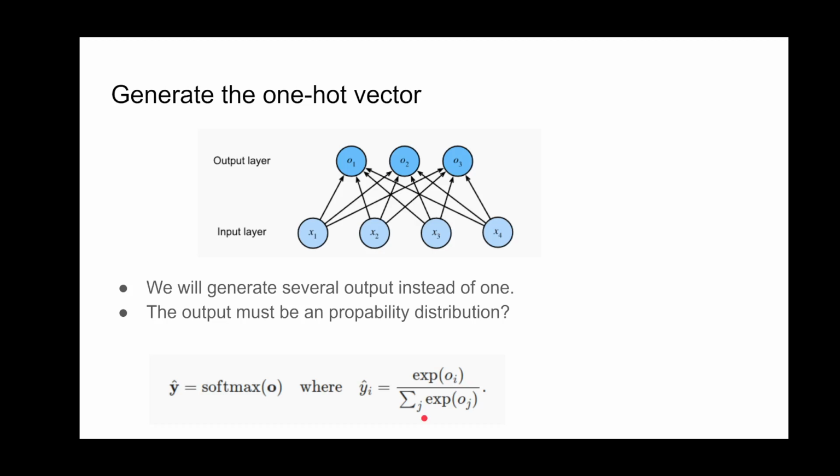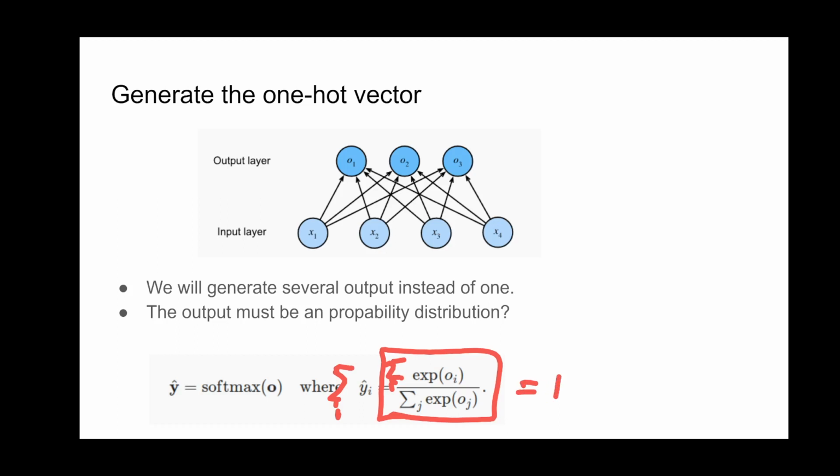So the formula of the softmax is like this one. In the denominator, we sum all the values, and in the numerator, it will be one of the items here. So if we take the summation of all the i here, the numerator and the denominator will be the same, and this will be 1.